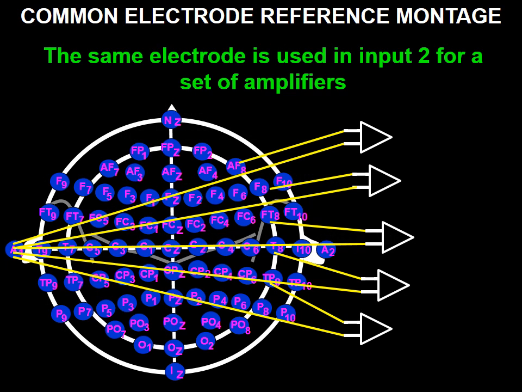Common electrode reference montage uses the same electrode in input 2 for a set of amplifiers. Amplitude can be used for localization among the same set of derivations connected to the same input 2 of the differential amplifiers.